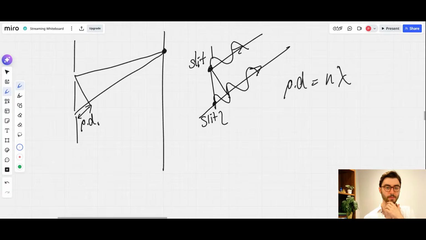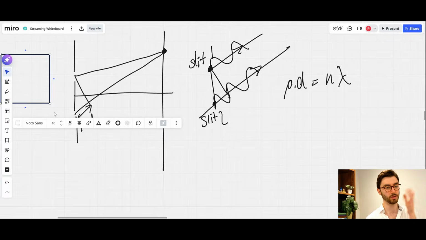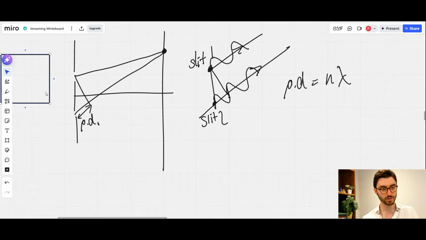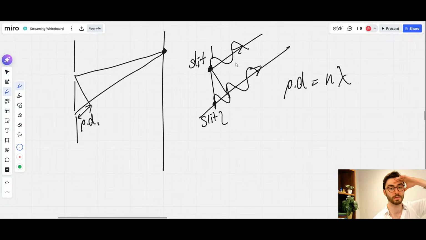And we can do a little bit better here. We can say that there is this angle to the screen. It may be hard to convince you of that, but the angle to the screen is the same, because these are technically parallel.